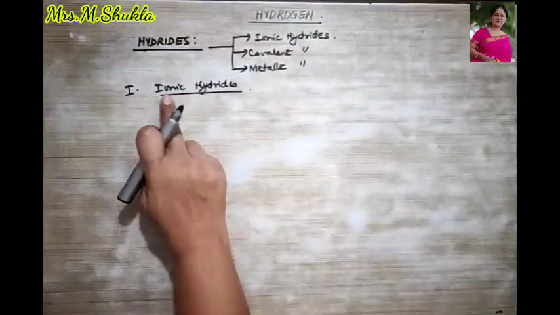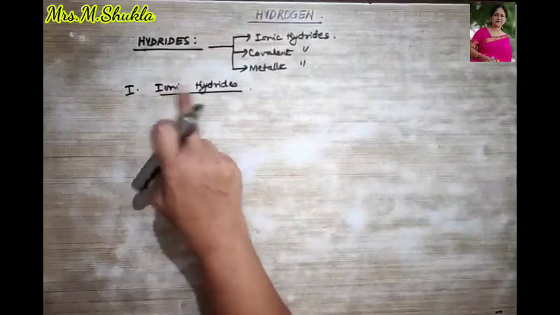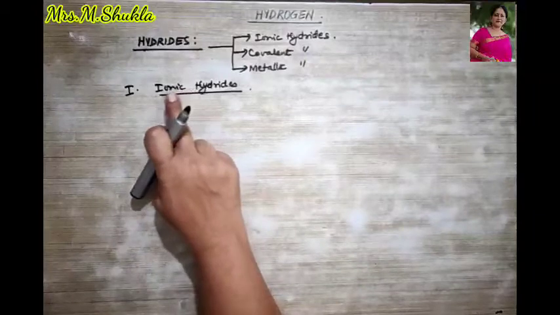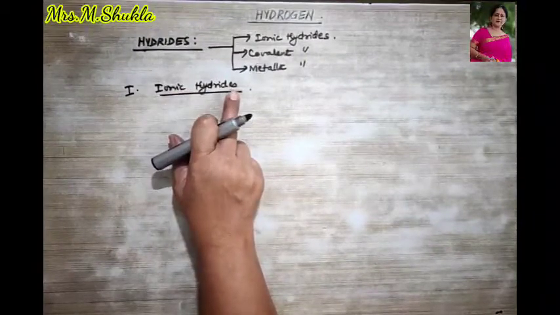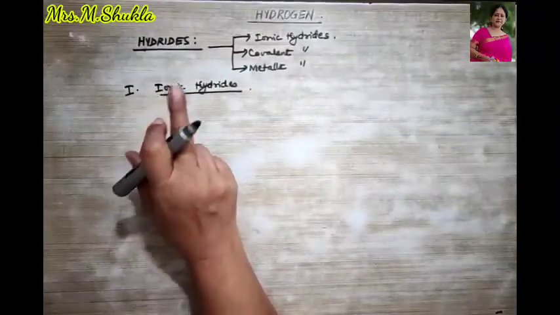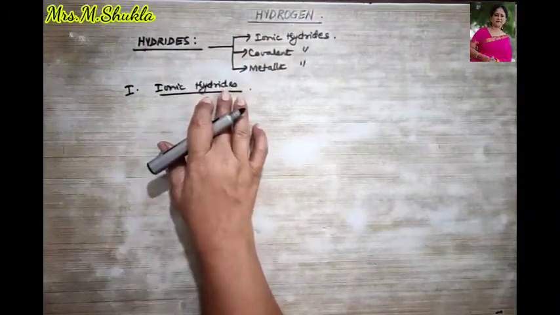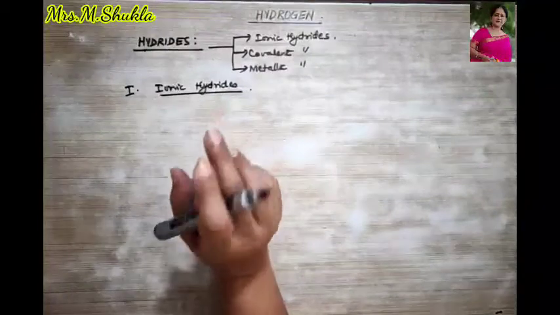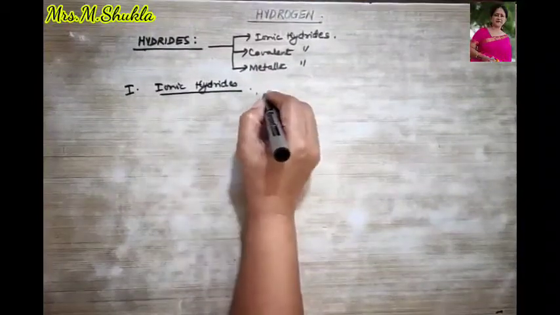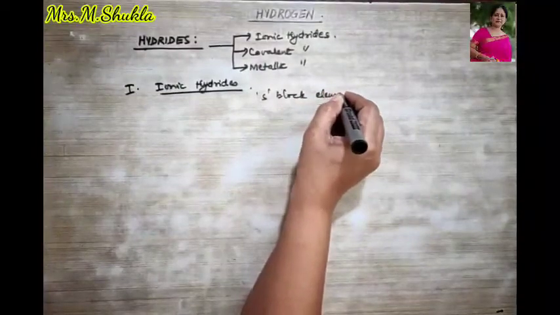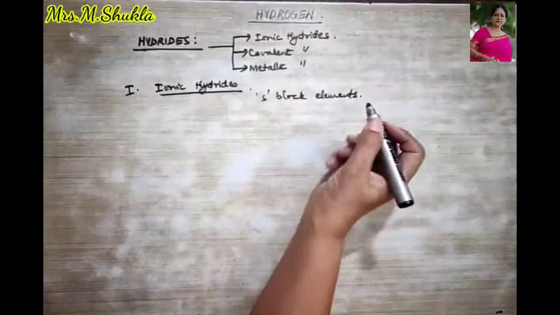Now, as the word suggests, ionic means the hydrogen is combining with the metals to form that ionic hydride. So these are stoichiometric compounds of dihydrogen, which are formed with most of the S block elements. So mostly which elements combine with hydrogen?